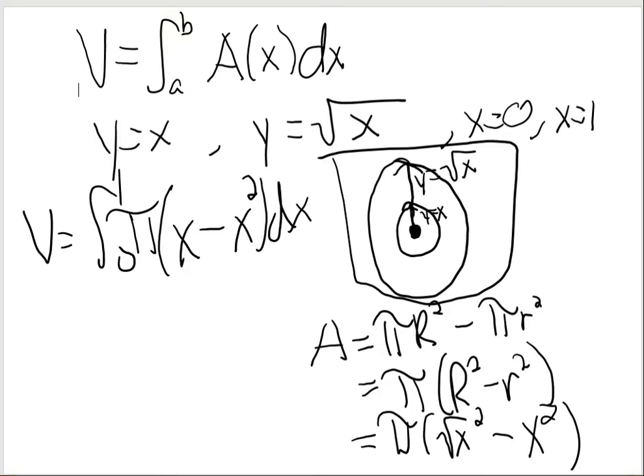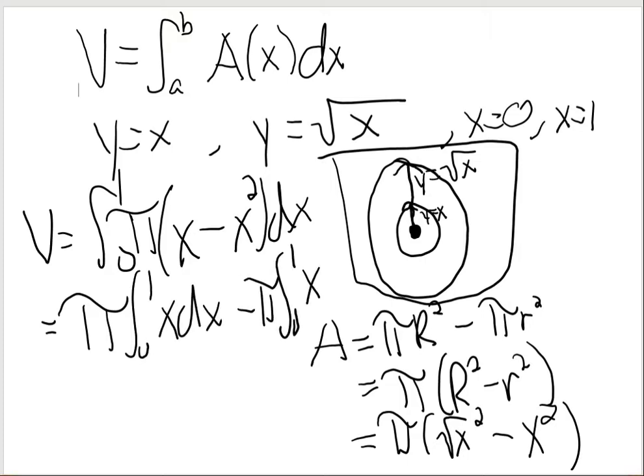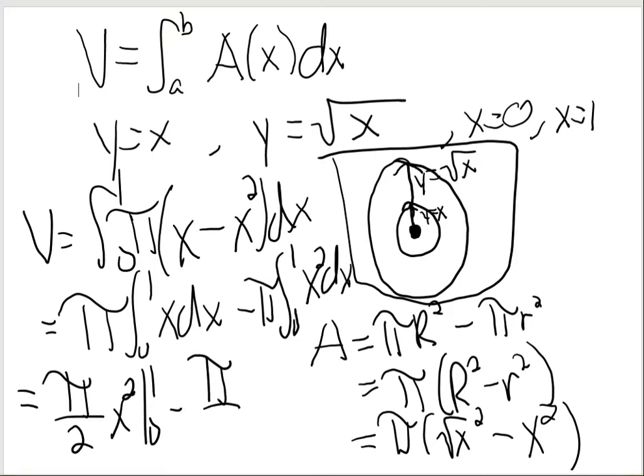So we can compute this thing. Pi, integral 0 to 1 of x dx, minus pi, integral 0 to 1 of x squared dx, or pi over 2 x squared from 0 to 1 minus pi over 3 x cubed from 0 to 1.